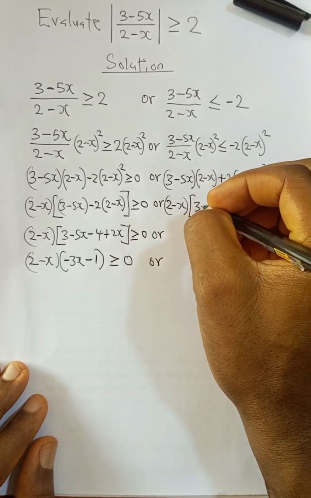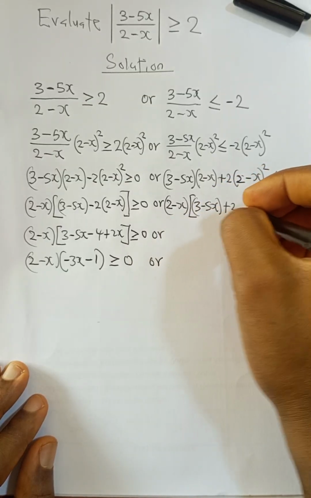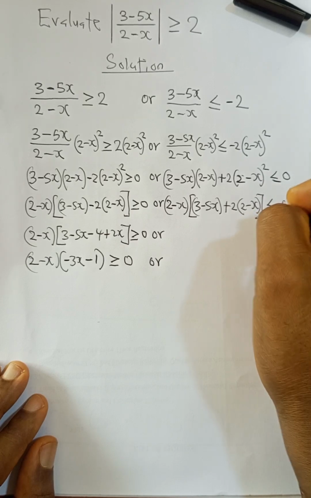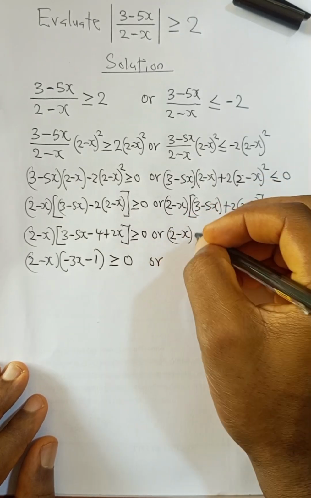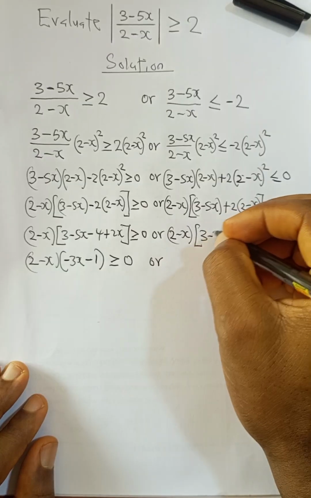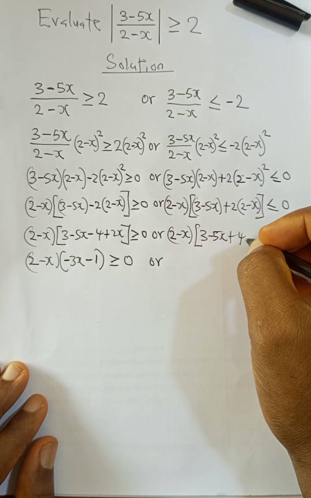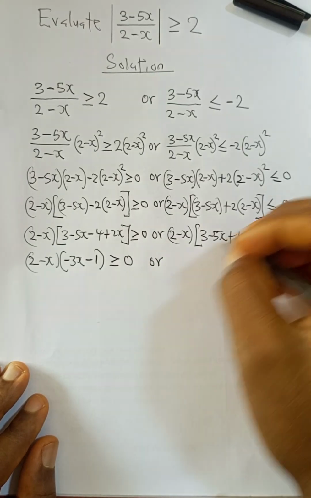It will remain 3 minus 5x, then plus 2 bracket (2 minus x) is less than or equal to 0. So we have (2 minus x) bracket (3 minus 5x, open this bracket, plus 4 minus 2x) is less than or equal to 0.